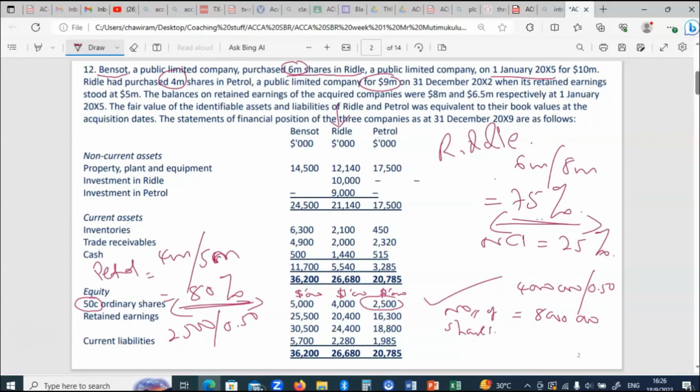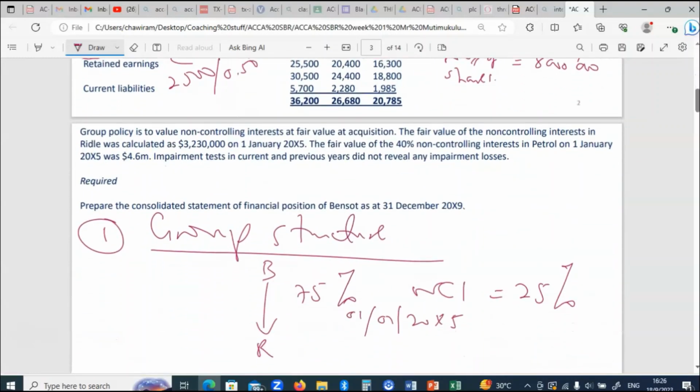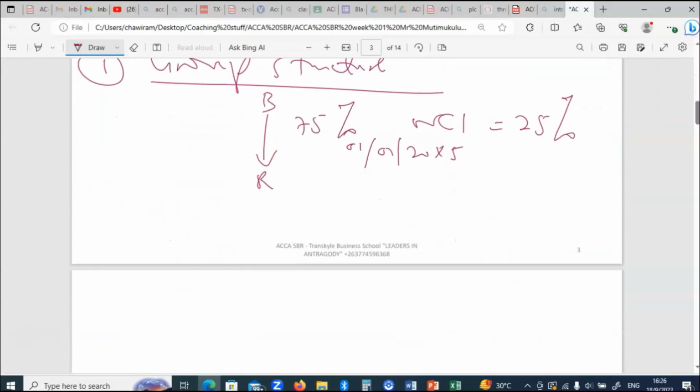Then we are told that Ridu had purchased the shares. It had purchased the shares in Petrol. How many shares were purchased? There were 4 million out of 5 million, so it was an 80% subsidiary.